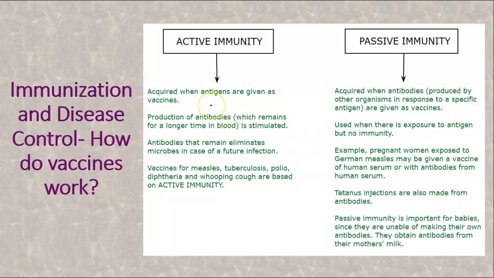Okay, so to the right of the screen we have a diagram that summarizes active and passive immunity. Now, active immunity is acquired when antigens are given as vaccines, and this stimulates the production of antibodies which remain for a longer time in the blood.